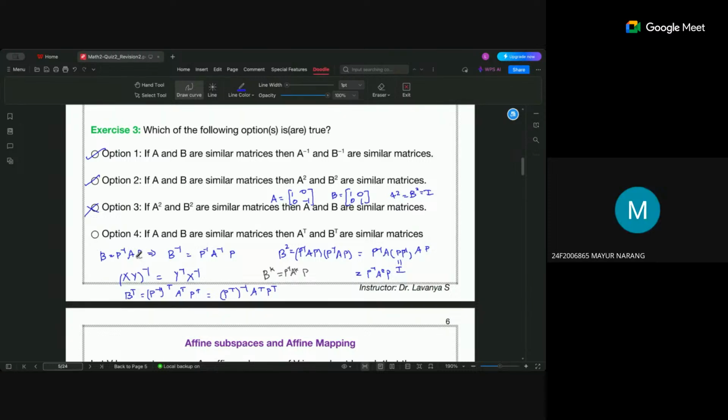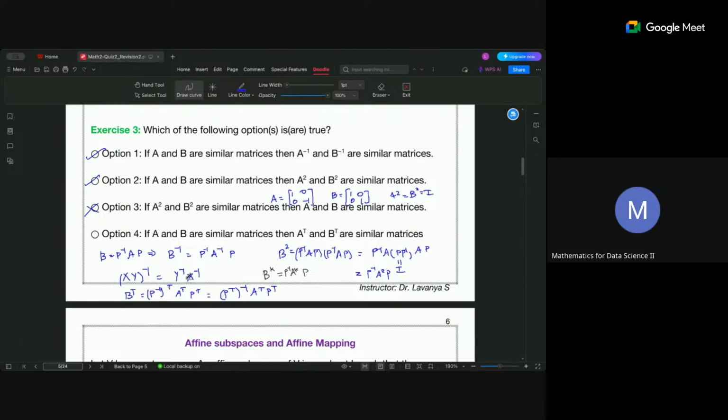There is no such condition on determinant whether 0 or non-zero. The determinant should be the same. If one determinant is 0, the other one should also be 0. Both can be 0 or both can be non-zero, with the same value. Okay.